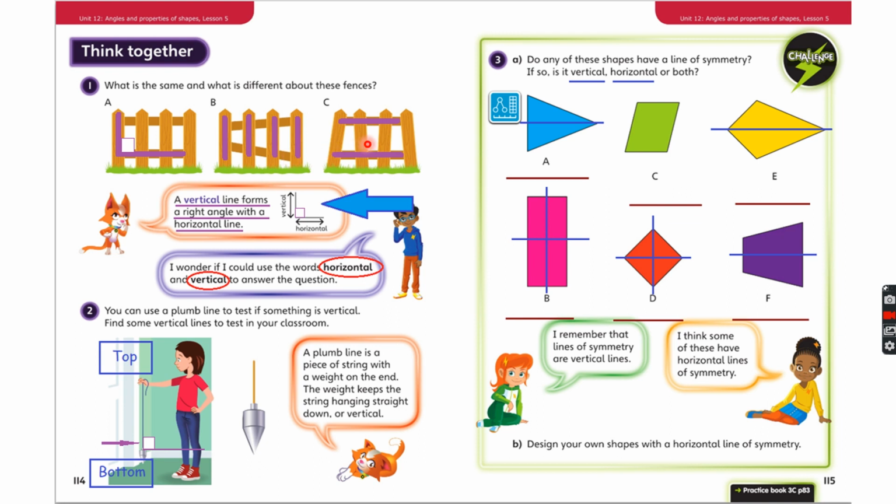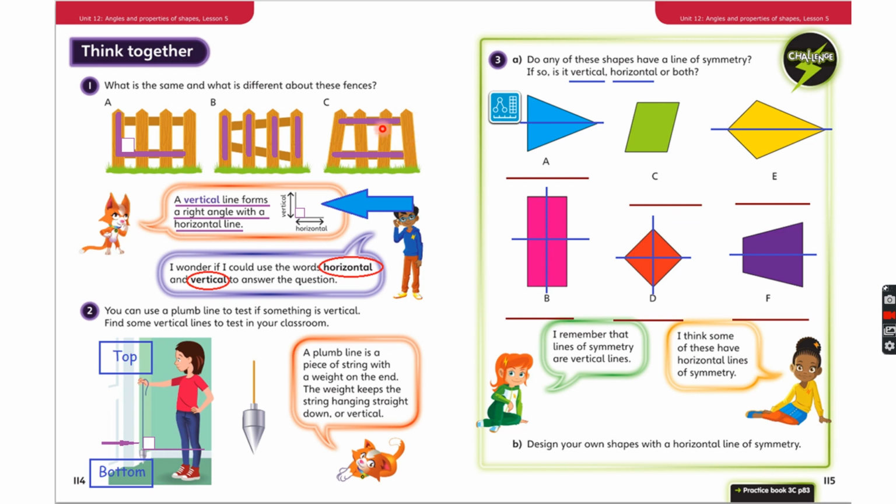Let's go to the last one. Look at the first one and the second one. They are perfectly matched, and they are on a perfect level from the left to the right. They have the same distance. That's why we can call them horizontal lines.